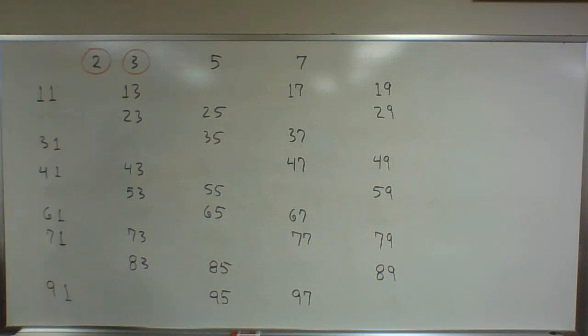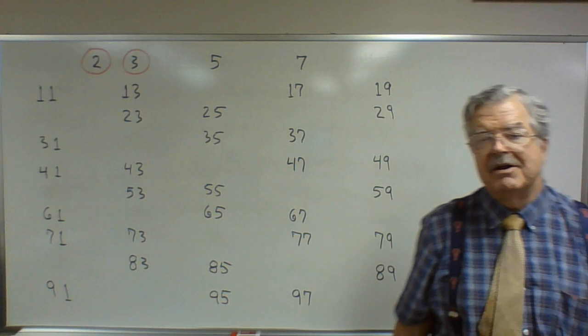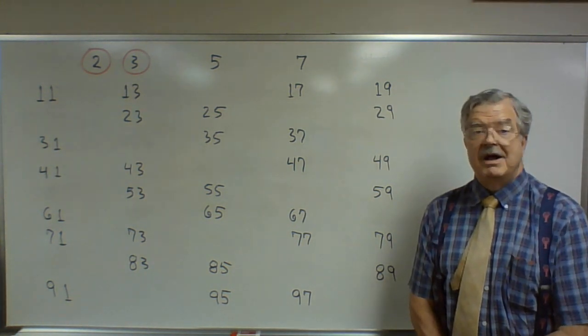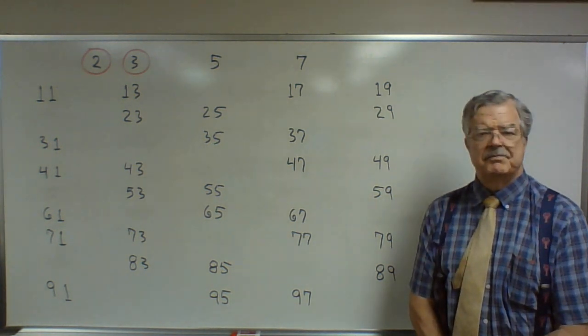Okay. Those numbers that are remaining are the primes or composites that are not multiples of 2 and 3.